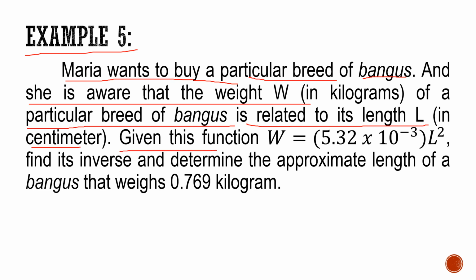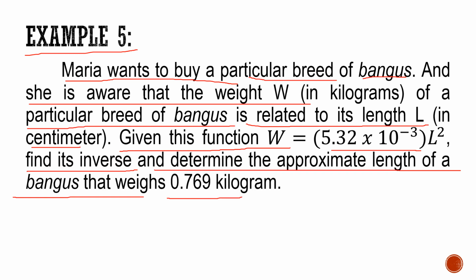So given this function W is equal to 5.32 times 10 raised to negative 3 multiplied by L square, find its inverse and determine the appropriate length of a bangus that weighs 0.769 kilogram.